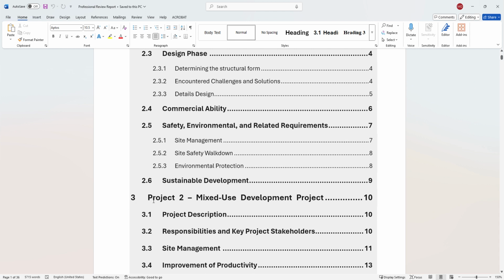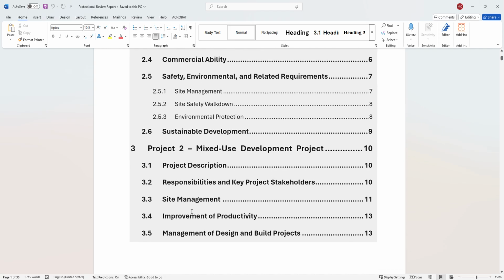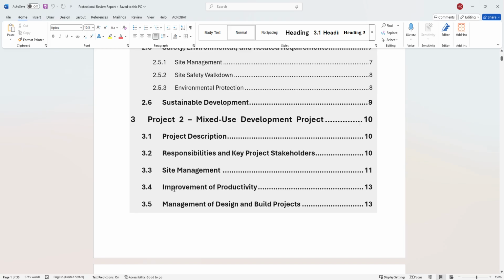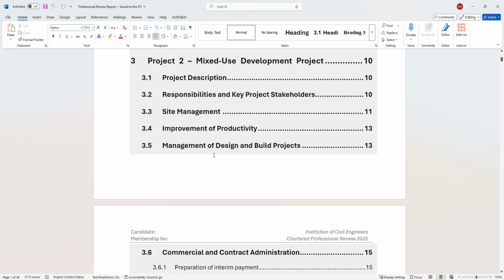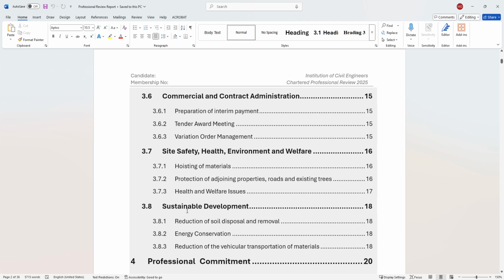Section 3 is project 2, which is the mixed use development project. 3.1 is the description, 3.2 the responsibilities, 3.3 site management, 3.4 improvement of productivity, 3.5 management of design, 3.6 is on commercial attributes, so that's attribute 3. 3.7 is health and safety, attribute 4. 3.8 is sustainable development, that's attribute 5.